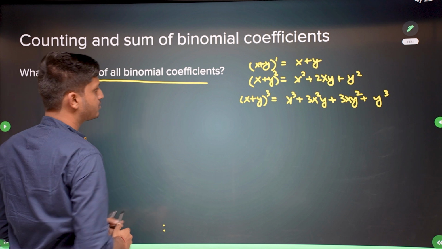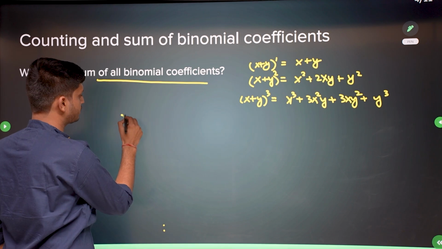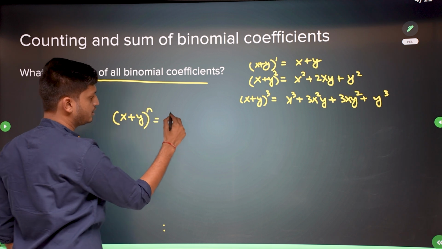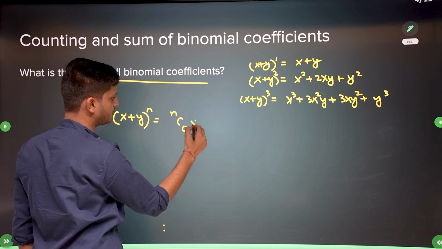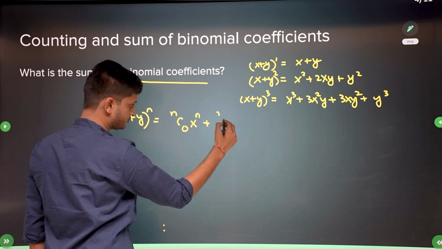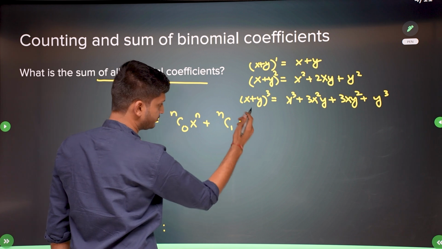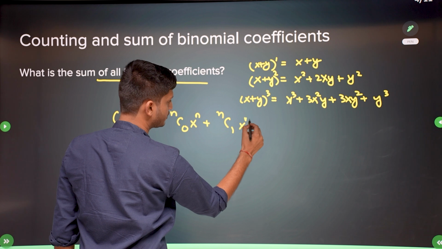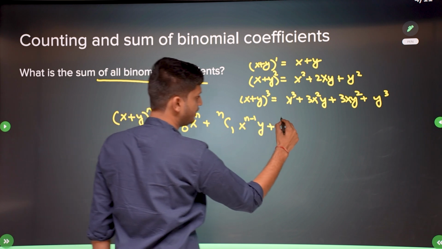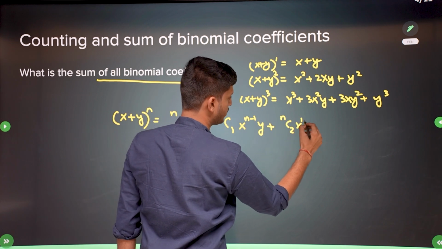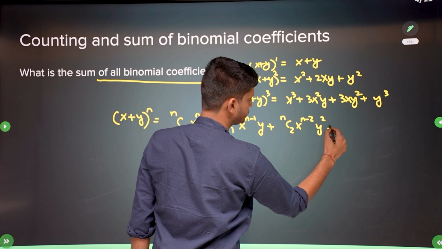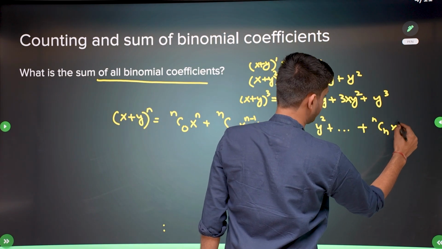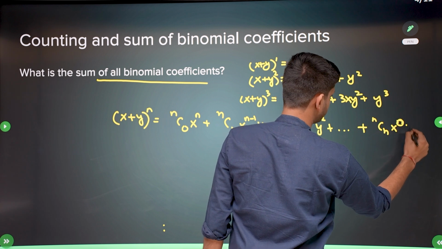This is what x plus y to the power n was: n choose 0, x to the power n; n choose 1, x to the power n minus 1, y; n choose 2, x to the power n minus 2, y squared; up to n choose n, x to the power 0, y to the power n.